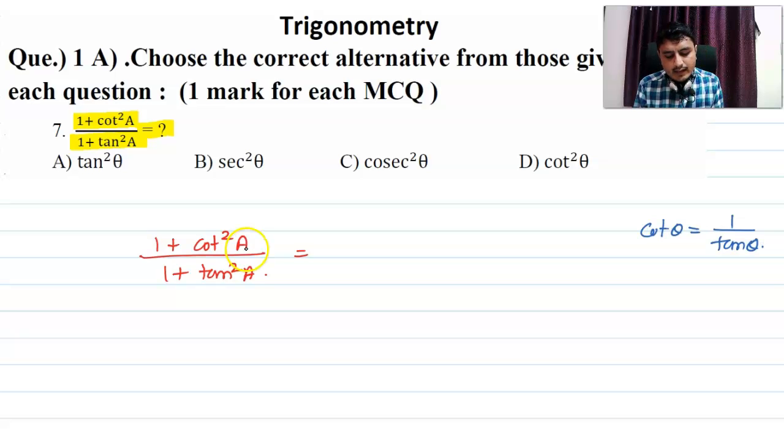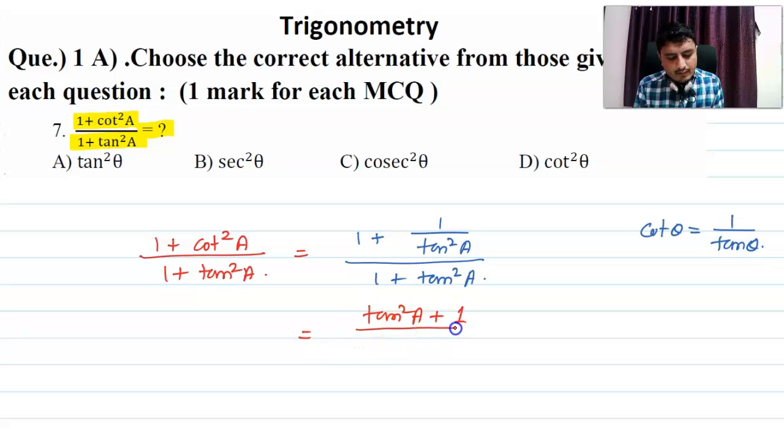Here the angle is A and there is a square, so cot square of A is 1 upon tan square of A, the whole divided by 1 plus tan square of A as it is. Now look at the numerator. Let's make cross multiplication in the numerator. 1 into tan square of A, we get tan square of A plus 1 divided by tan square of A, and the whole divided by 1 plus tan square of A.